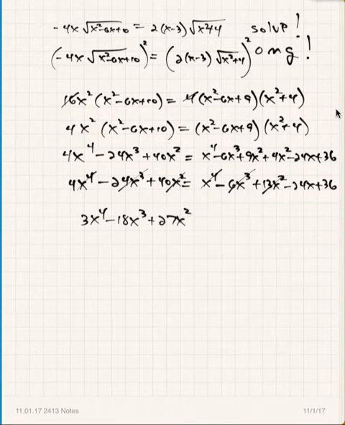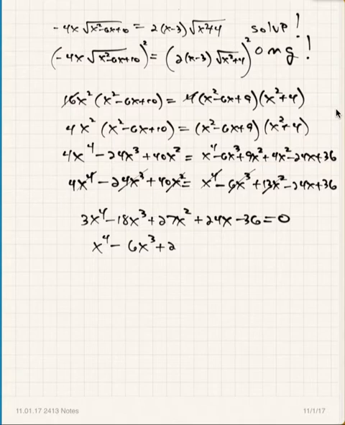And then I add 24x and subtract 36, and you get that 4th degree polynomial. Now you could divide out a 3, which at least makes it x to the 4th minus 6x cubed plus 9x squared plus 8x minus 12 equals 0.